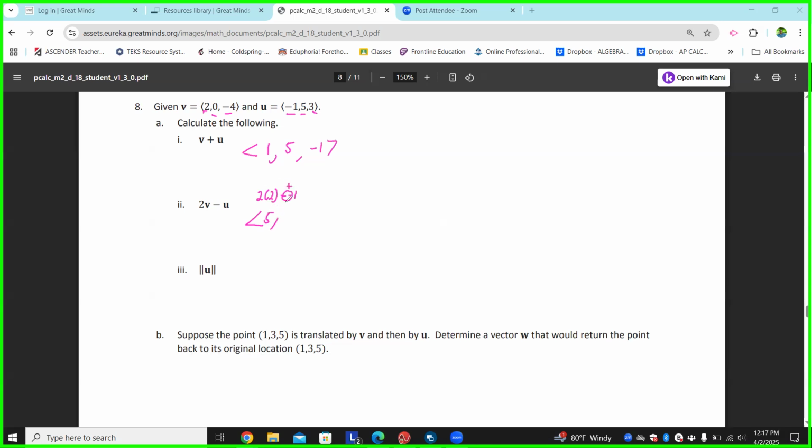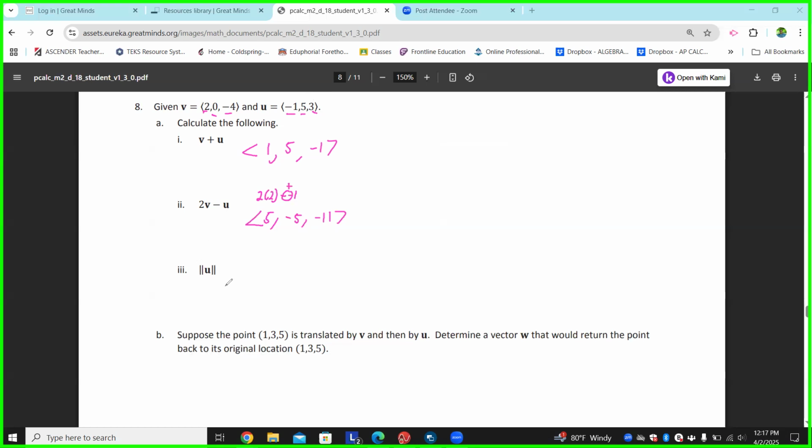So this will give you 5. 2 times 0, 0 minus 5, -5. 2 times -4, -8 minus 3, -11. So make sure you carry that minus with each number.